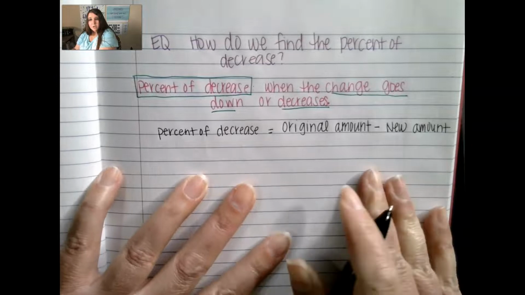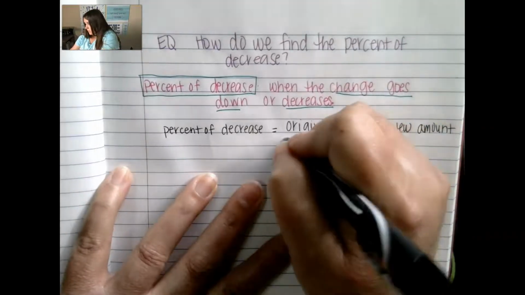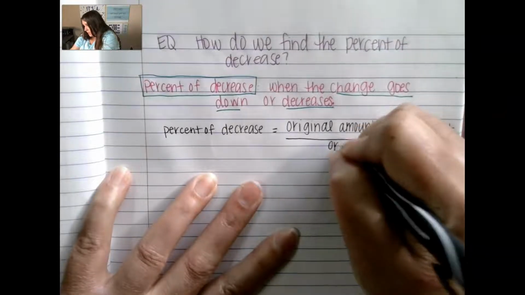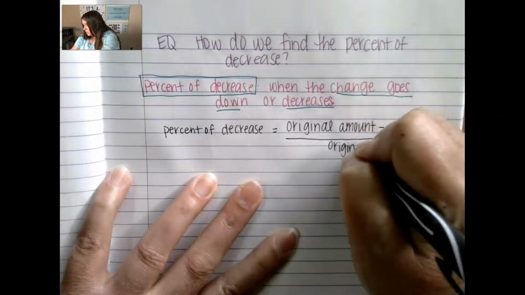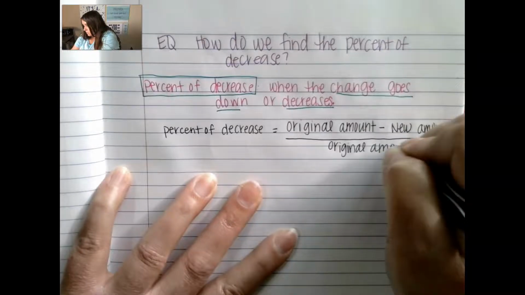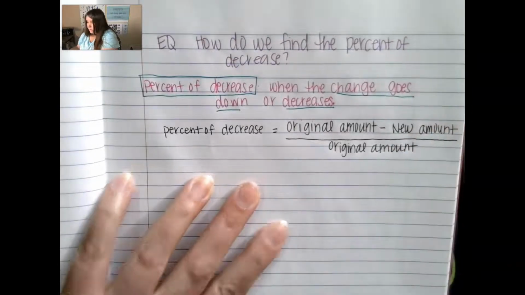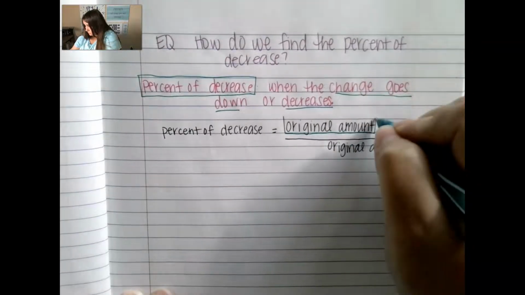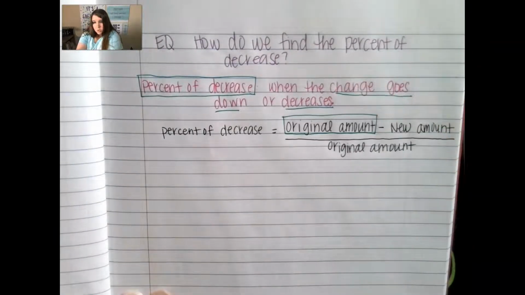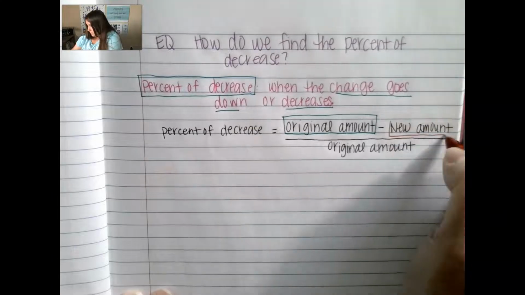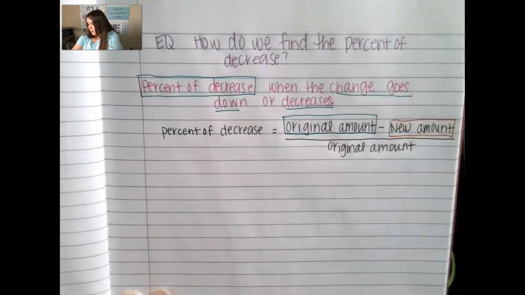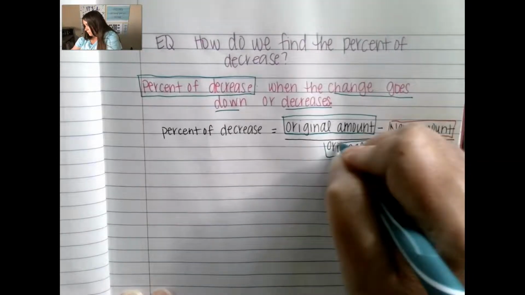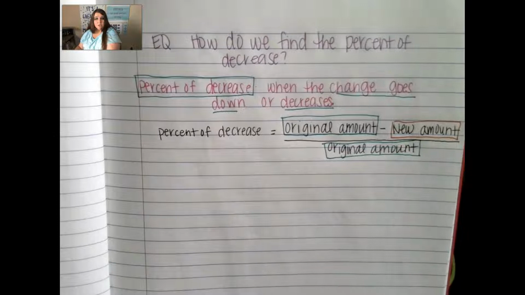We're going to continue to use this formula by using division, again, with that original amount. So we're going to look at our original amount, subtract the new amount, and then our last step will be to divide it before we change it into a percentage.